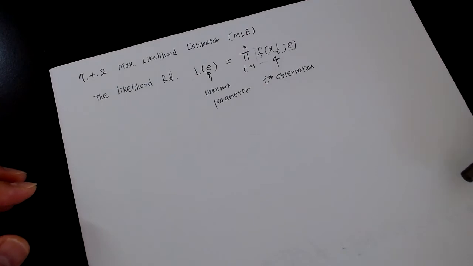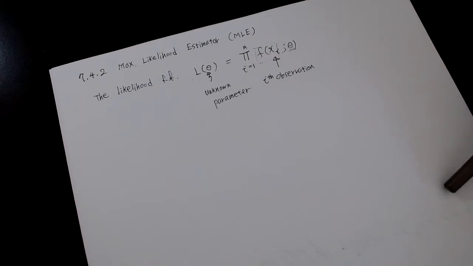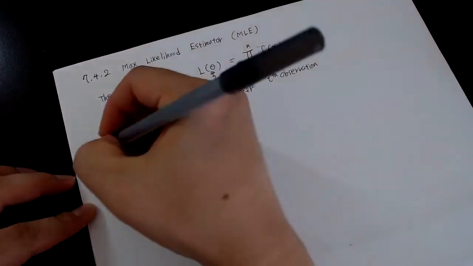We saw textbook example 7.9, the Bernoulli distribution MLE, and today we'll see the next example, example 7.10, the exponential distribution MLE.